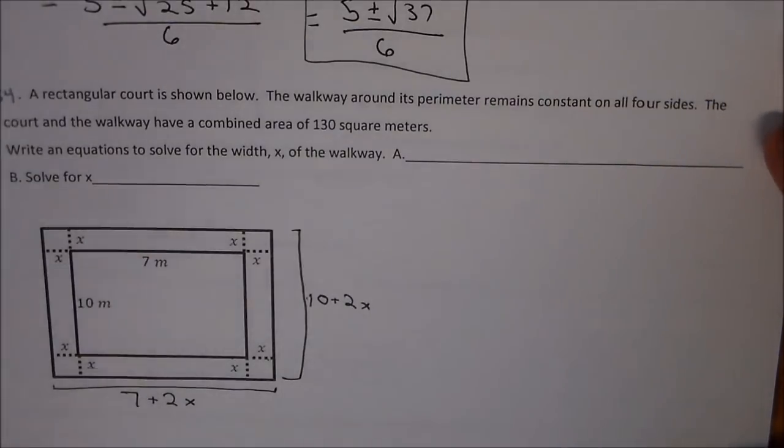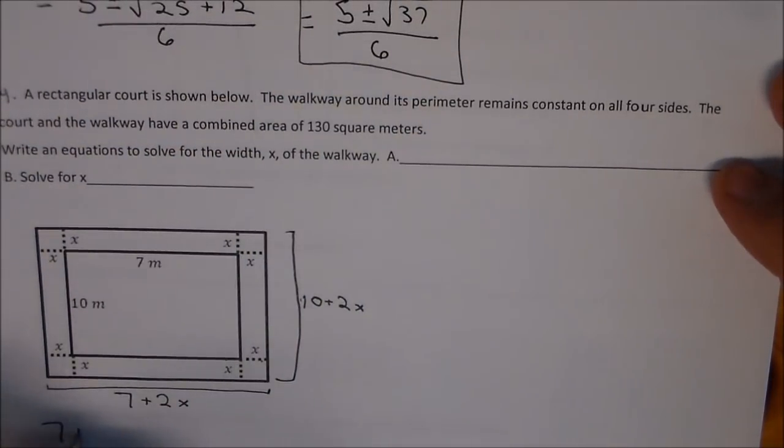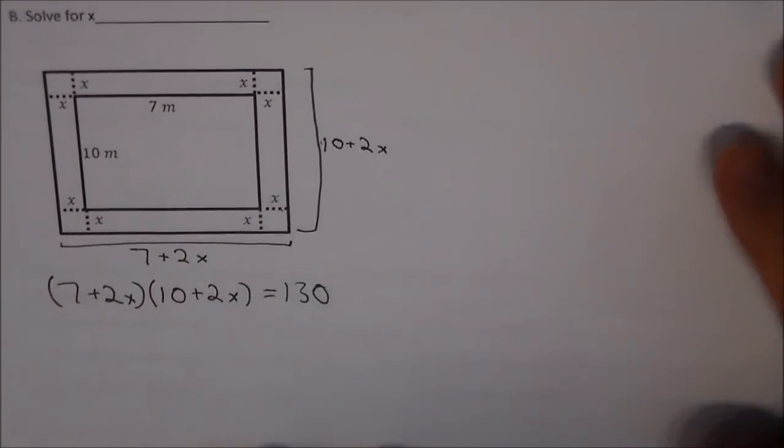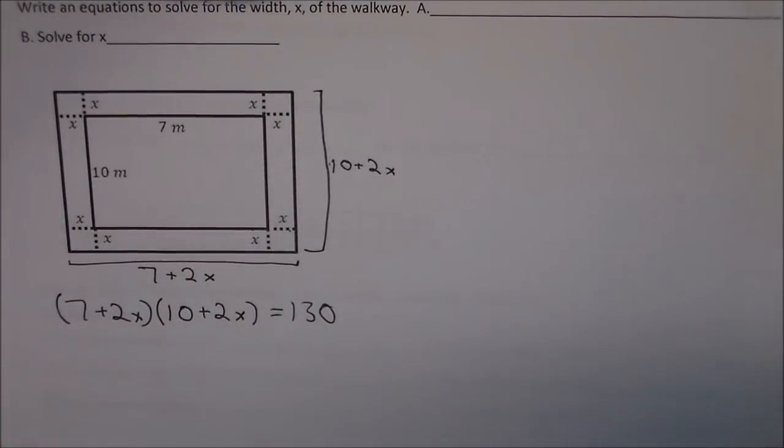Now, if we're going to solve and think about the area, we know that 7 plus 2x times 10 plus 2x equals 130. Because the base times the height, or the length times the width, is equal to the area. Now from here, we can multiply this out.